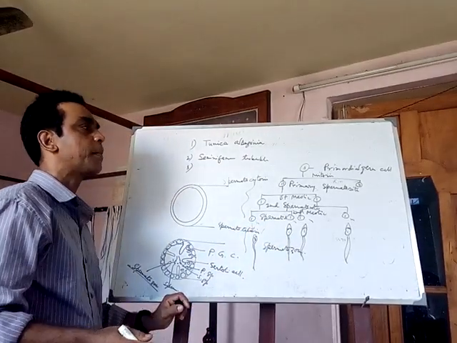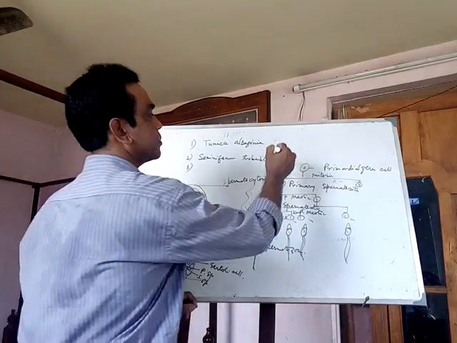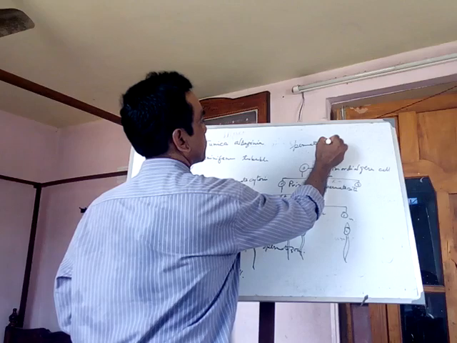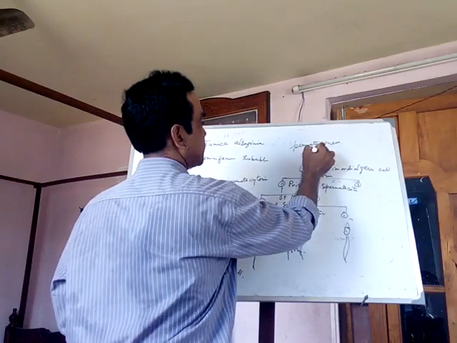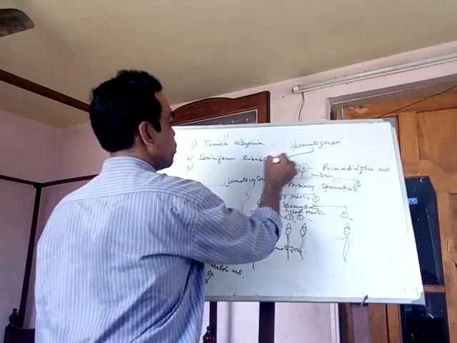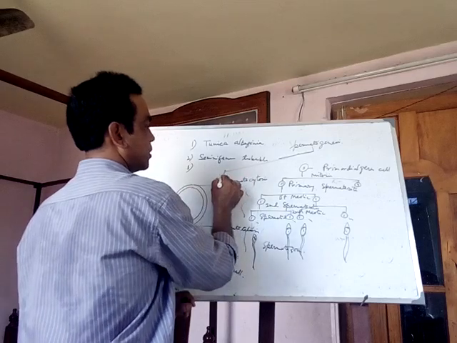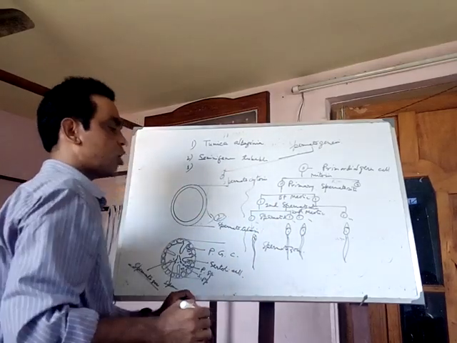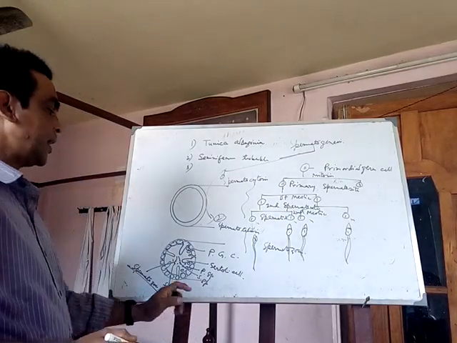So spermatogenesis has two phases: one, spermatocytosis, and two, spermiogenesis or spermatoteleosis.